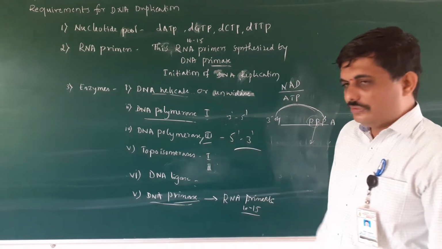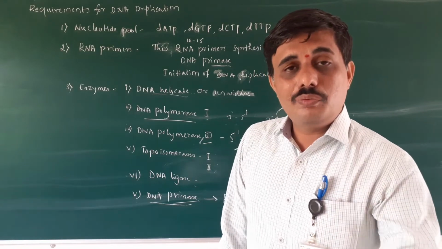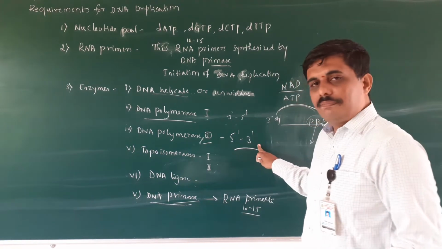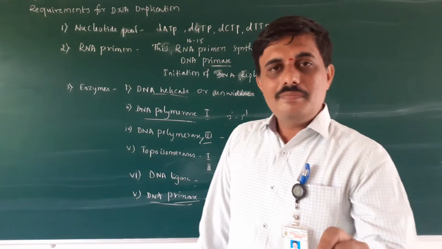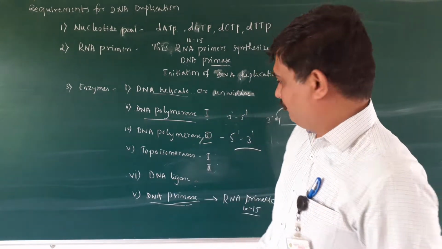DNA polymerase 3 is the actual DNA polymerase enzyme involved in the polymerization of the DNA in the 5' to 3' direction. Always the polymerization of the DNA occurs in the 5' to 3' direction.